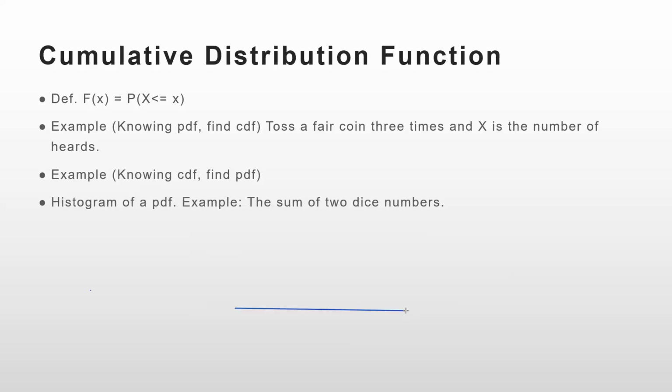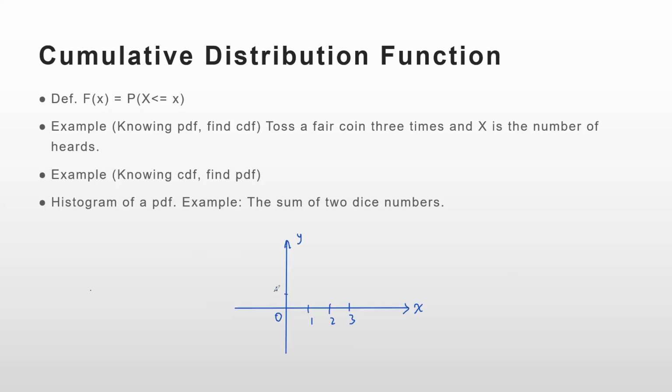The histogram and just the graph of the PMF sometimes have different meanings. So the histogram of the previous example: I drew a little bit, then I erased it. 0, 1, 2, 3.